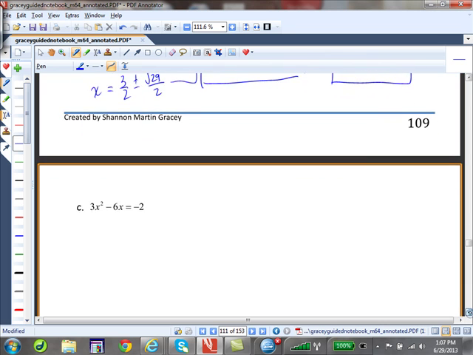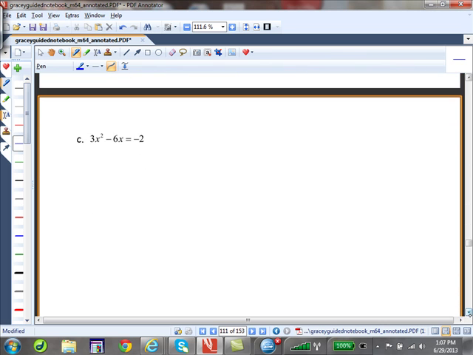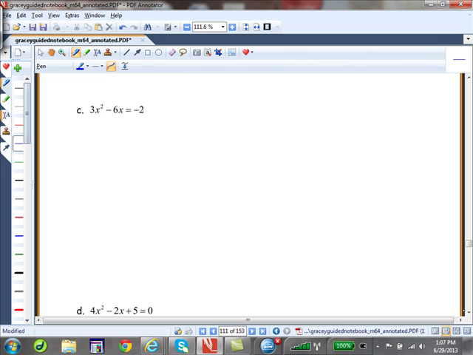Okay, so here we go. Part C, we need to do a little work with here. If I were to multiply both sides of the equation by 1/3 or divide each term by 3, whatever your preference is, we would get x squared minus 2x is equal to negative 2/3.